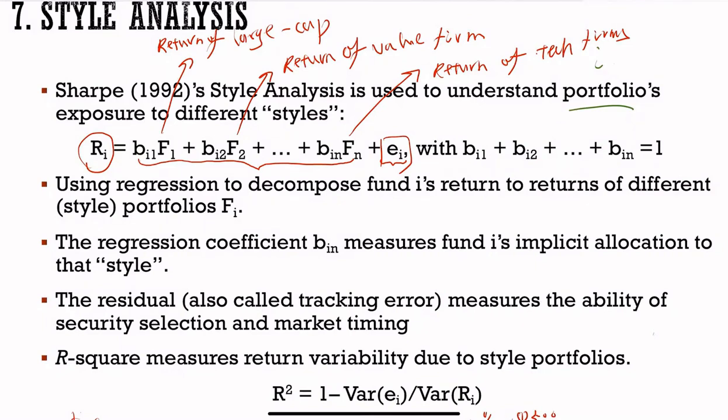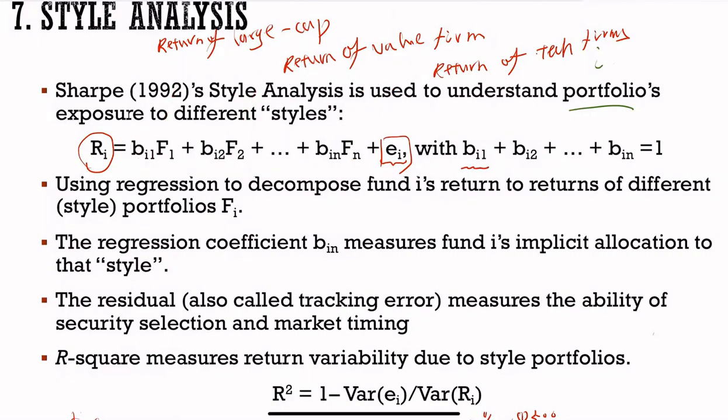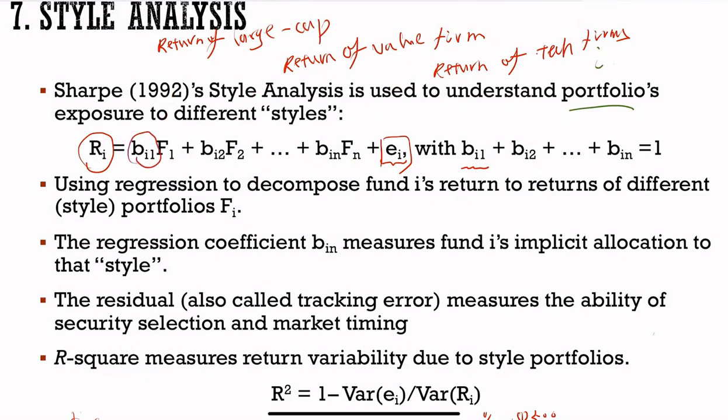And then Sharpe requires some additional constraint. He requires that the coefficients on these style portfolios sum to 1. That is, this b_i1, b_i2, up to b_iN, their sum should be equal to 1.